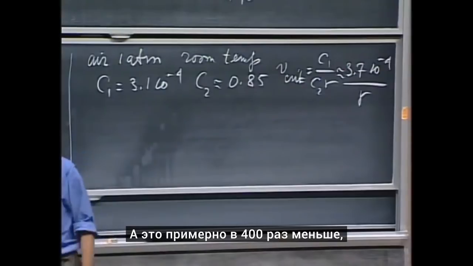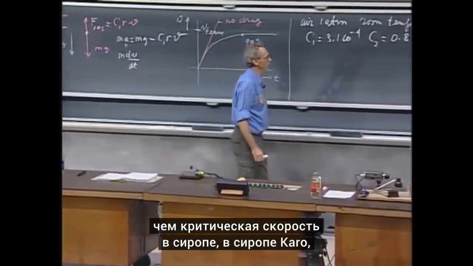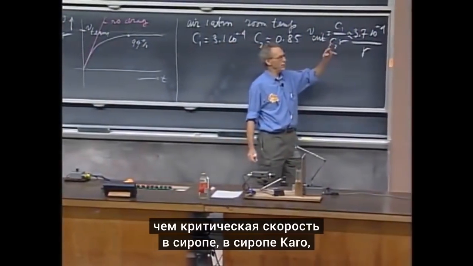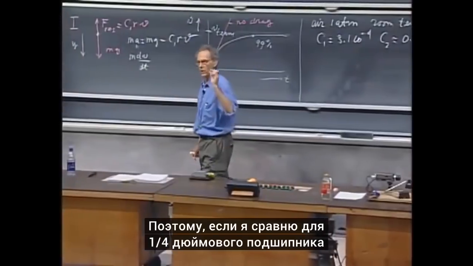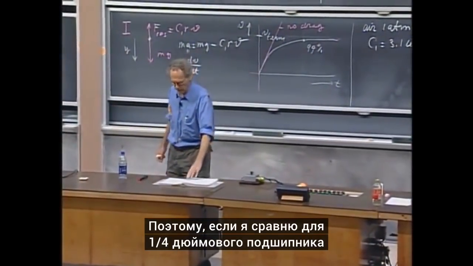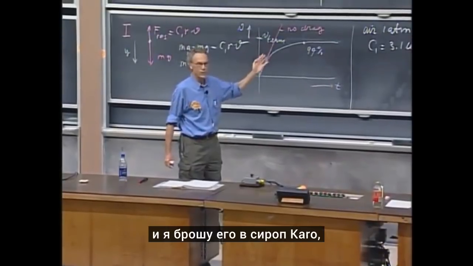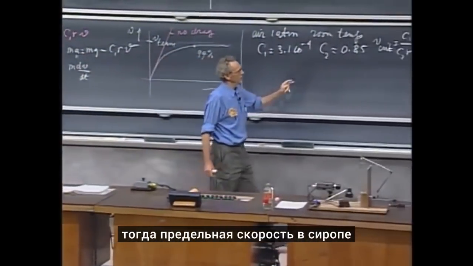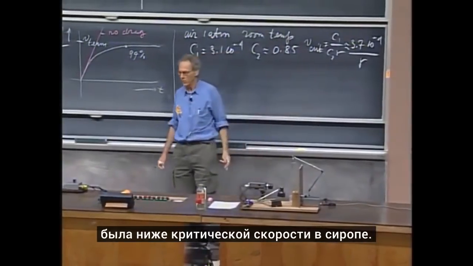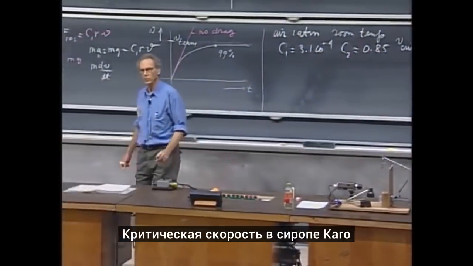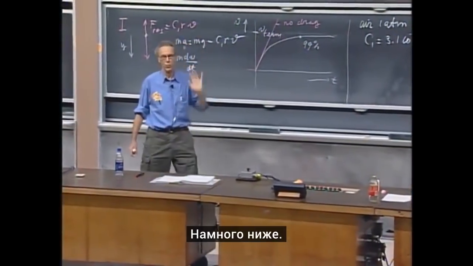And that is about 400 times lower than the critical speed in syrup, in the Caro syrup, for the same value of R. So if I compare the 1/4-inch ball bearing and I drop it in the Caro syrup, then the terminal velocity in the Caro syrup is way below the critical velocity of the Caro syrup. The critical velocity of the Caro syrup would be 100 miles per hour for a 1/4-inch ball bearing. So it's way below.